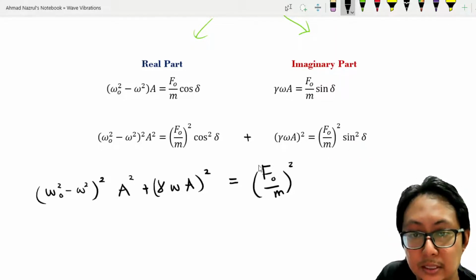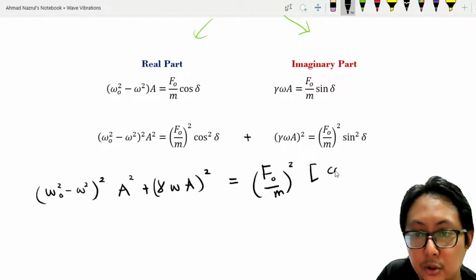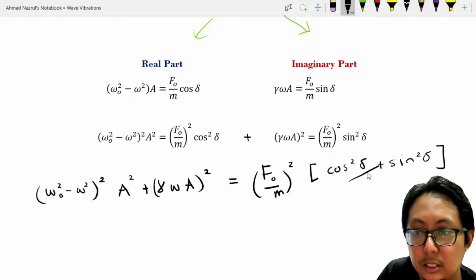We can factorize this, so we have cos square delta plus sine square delta, which is equal to 1.